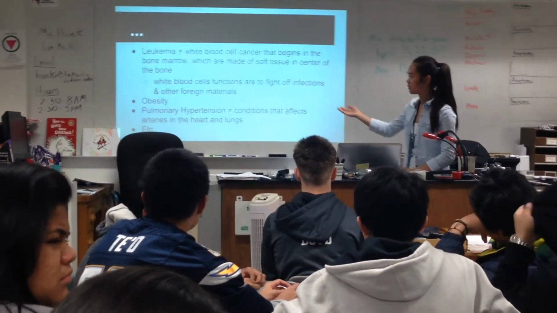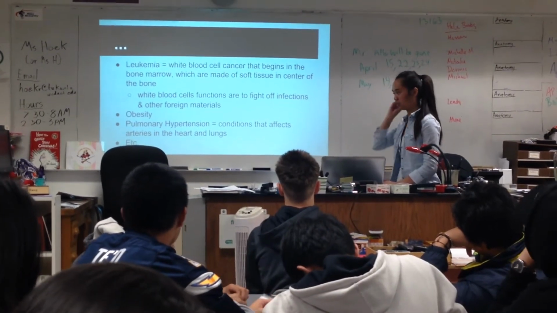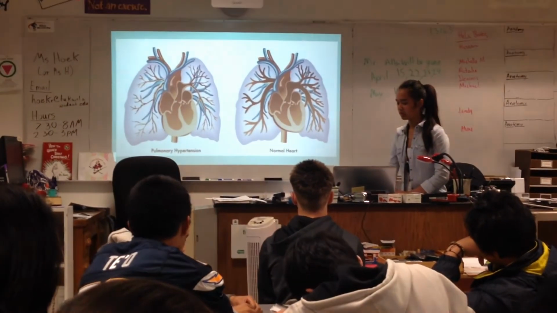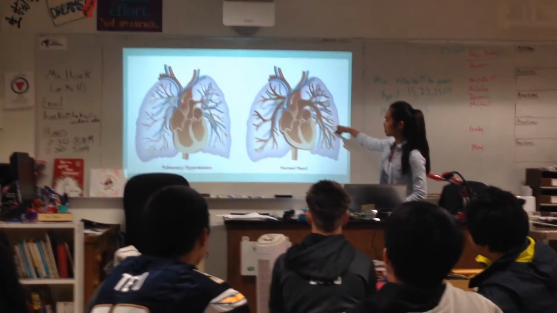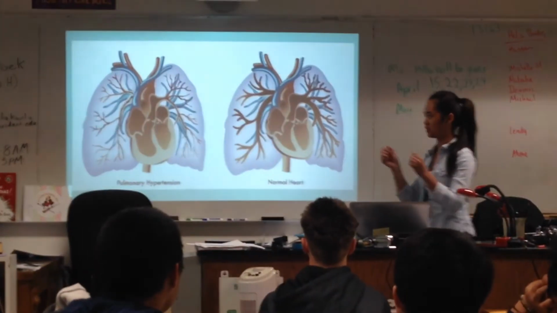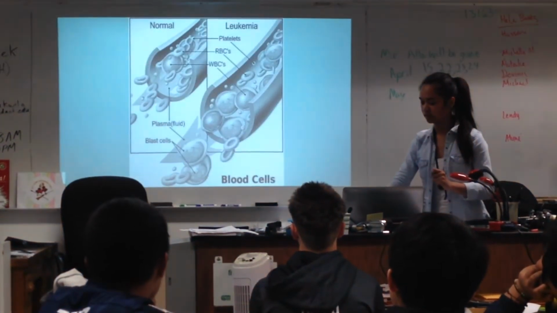They will tend to have obesity and pulmonary hypertension, which involves the heart and the lungs. This is a normal heart, where the arteries are usually a lot stronger, while with pulmonary hypertension, the arteries are very skinny. And this is for leukemia.